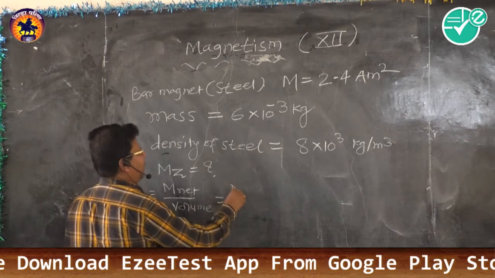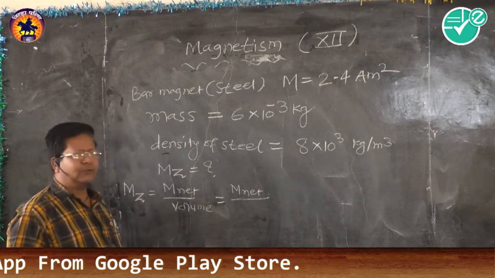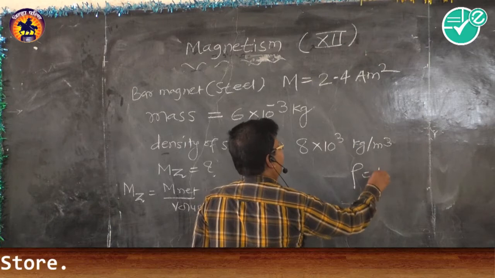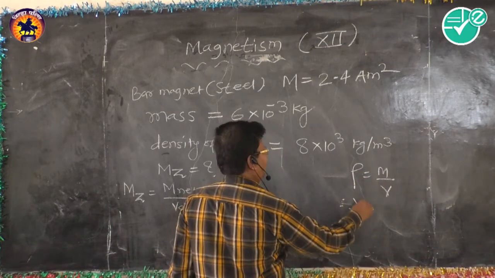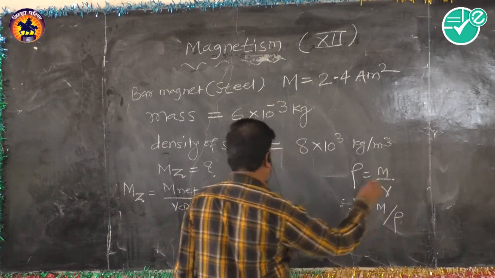As we know that density is equal to mass upon volume, and therefore volume is equal to mass upon density.